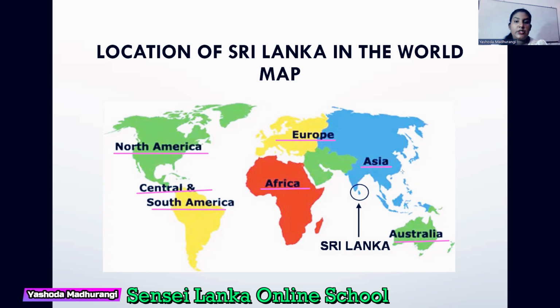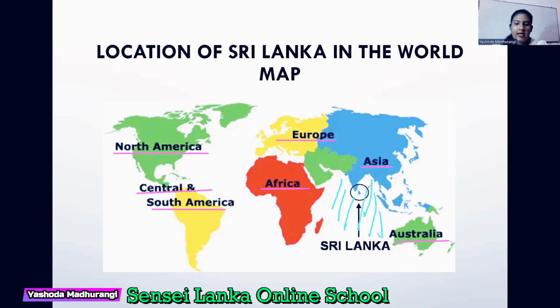We live in Asia. So Sri Lanka, our country, is an island belonging to the continent of Asia. And also we are located in the Indian Ocean. Now tell me, do you know where the Indian Ocean is? This is the Indian Ocean.